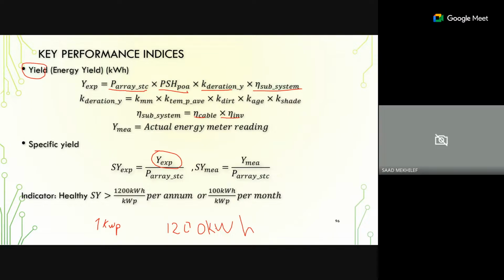So per month, it should give you 100 kilowatt hour per month.